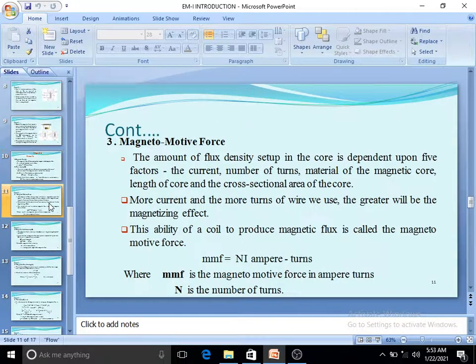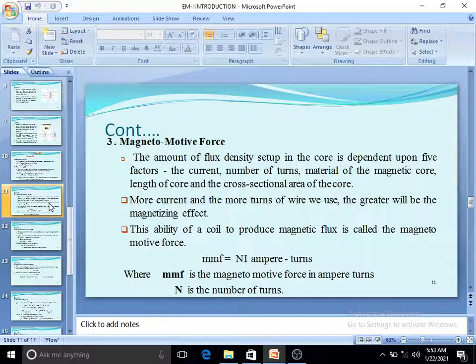Next, magnetomotive force. In electrical terminology, we have EMF, electromotive force. Coming to magnetic circuits, magnetomotive force. The amount of flux density set up in the core depends upon 5 factors: current, number of turns, material of the magnetic core, length of the core and the cross-sectional area of the core.